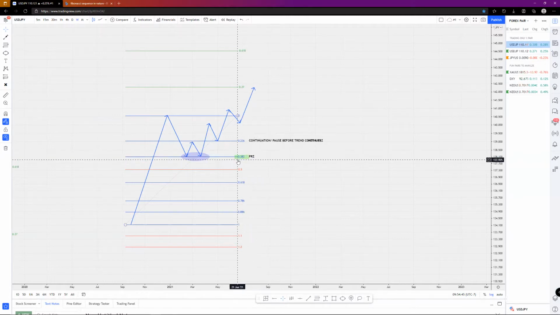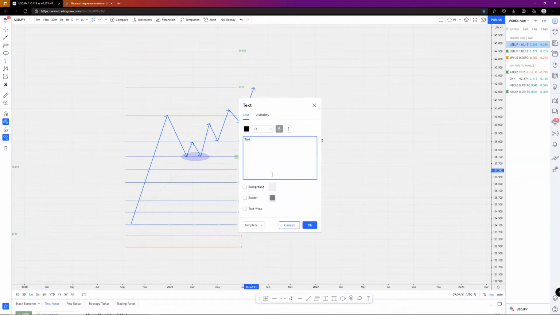So the 38.2 is a PRZ level. The 50% is not, hint to why I have it red. 50% provides an imbalance. Right.